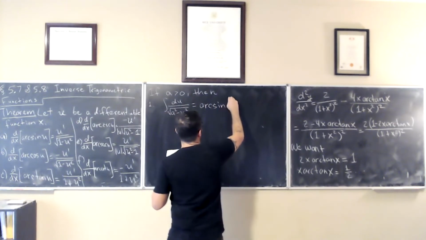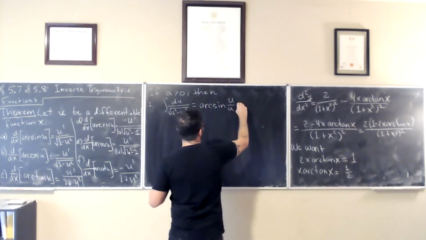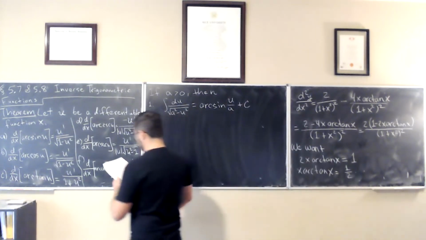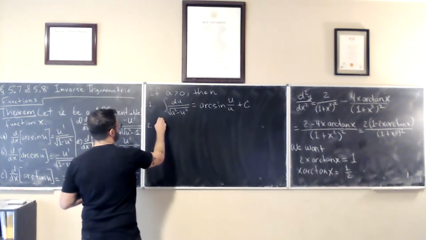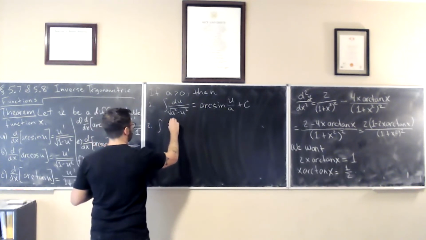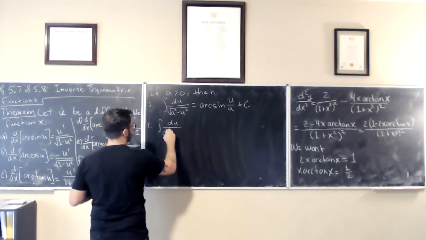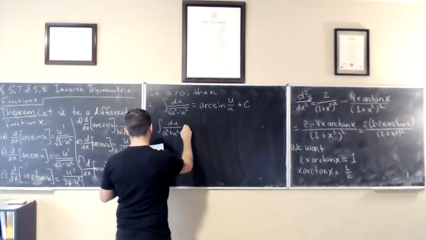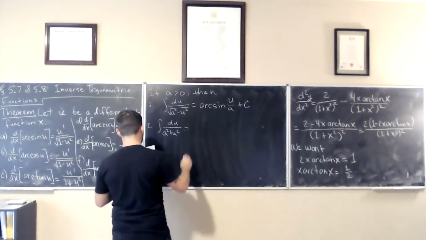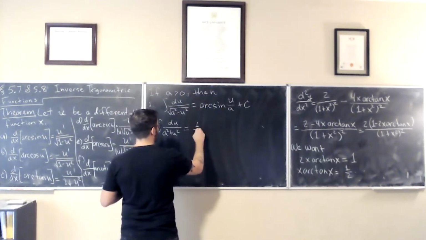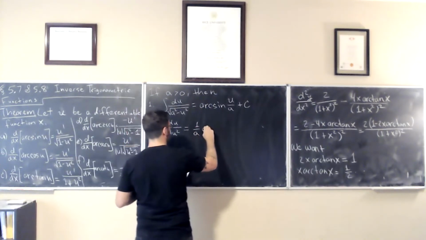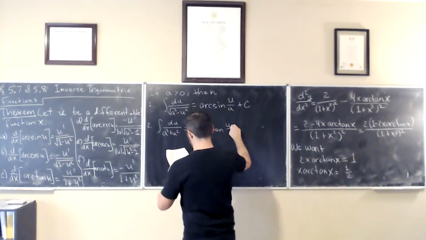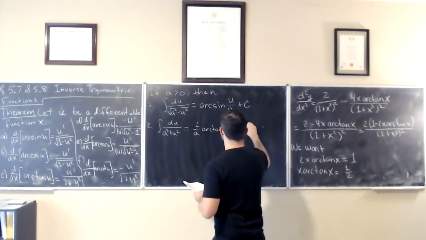This is arcsine of u over a plus c. And then 2: du over a squared plus u squared is equal to 1 over a arctan of u over a plus c.